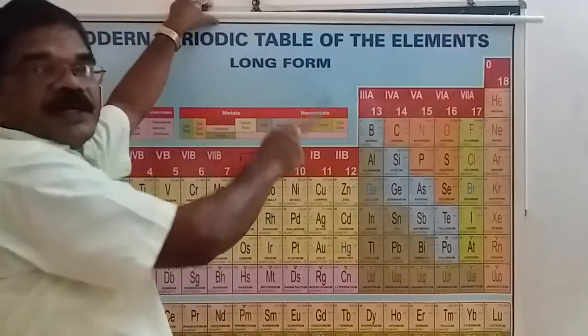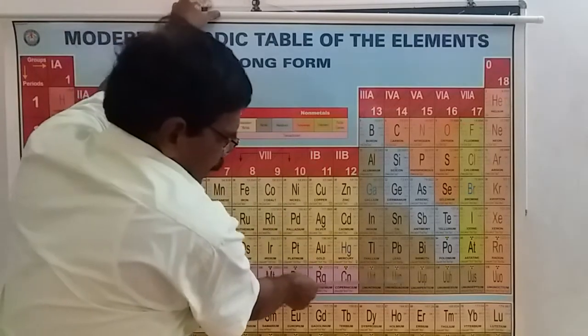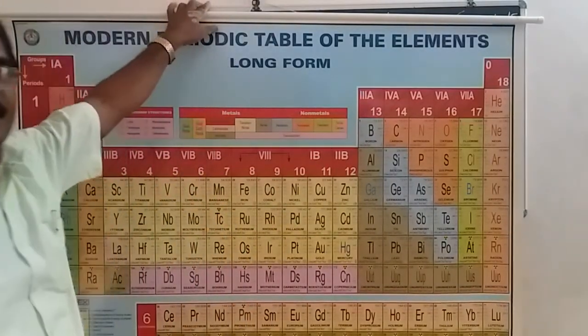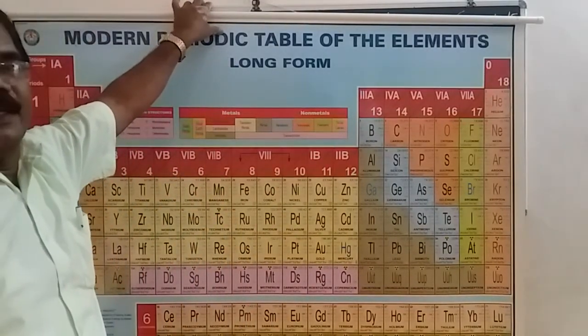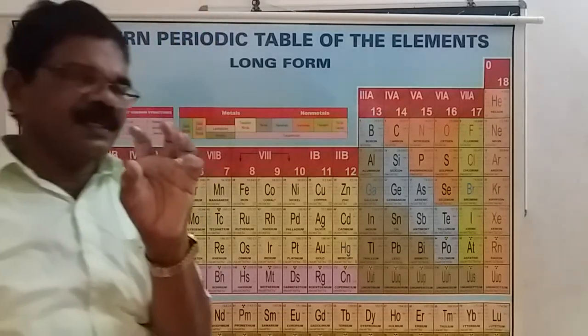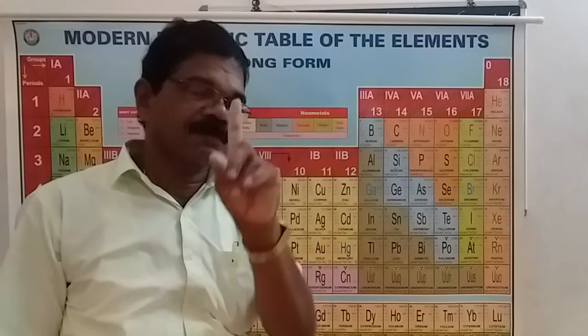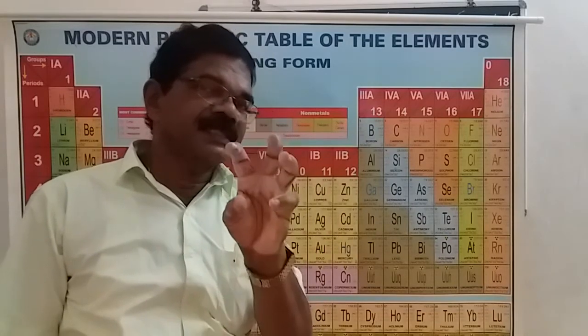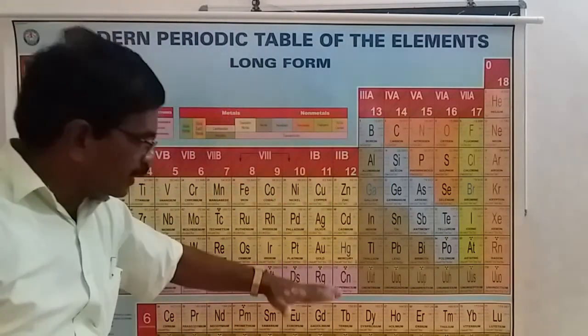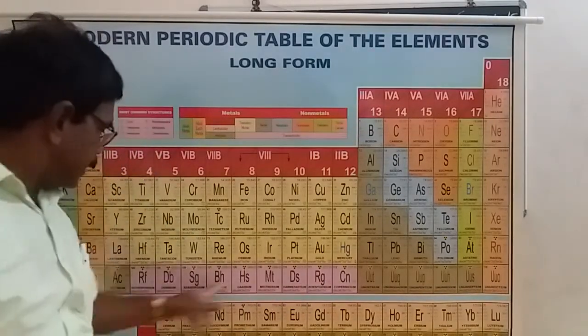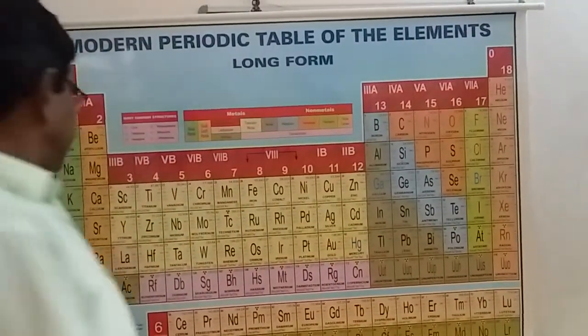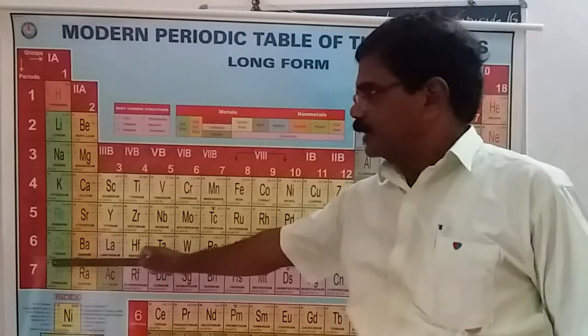Smallest atoms are at the top of the periodic table. Biggest atoms are at the bottom. Then, while we are searching for the biggest atom, where can we search, top or bottom? Biggest atoms are always at the bottom. That means the seventh period. Biggest atoms are in the seventh period.